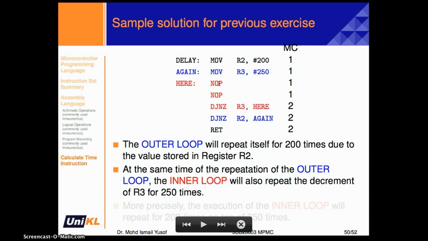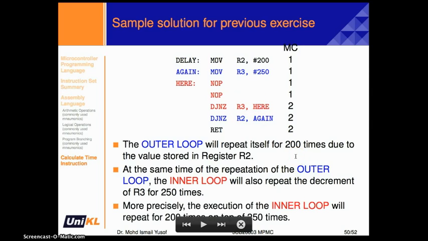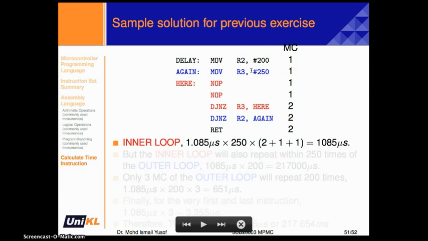Then it will execute the next line, which is no operation, and decrease the value of R3 again. In other words, at the same time the outer loop is executed, the inner loop will also repeat the decrement of R3 for 250 times. More precisely, the inner loop will repeat 200 times on top of the 200 times of the outer loop. Okay, now it's time to calculate.